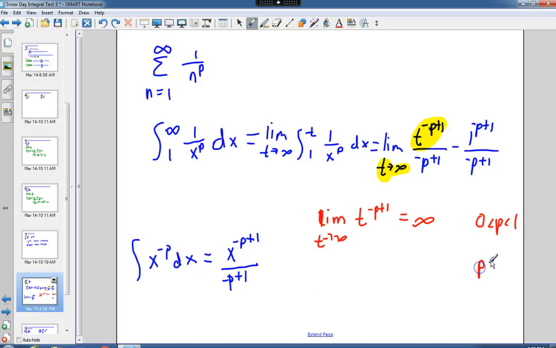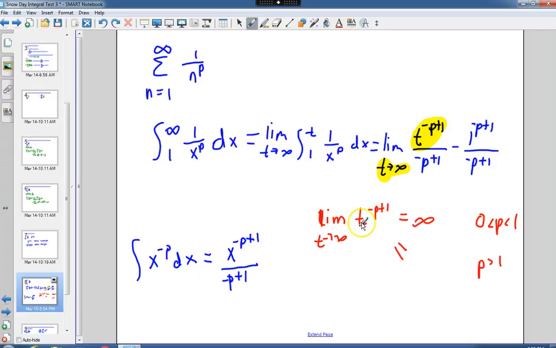But if p happens to be greater than 1, remember that we're going to have to negate that p-value. Whatever that number is, when we negate it and then add 1, hopefully you'll agree that we end up with a negative overall exponent.